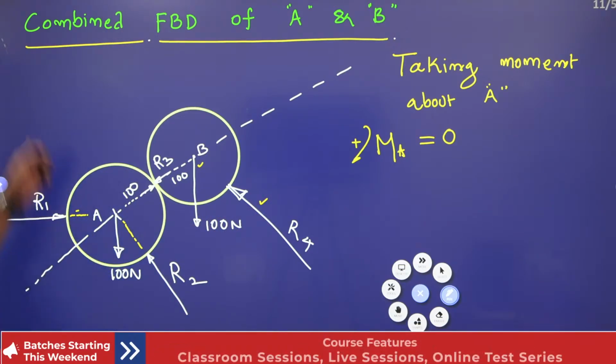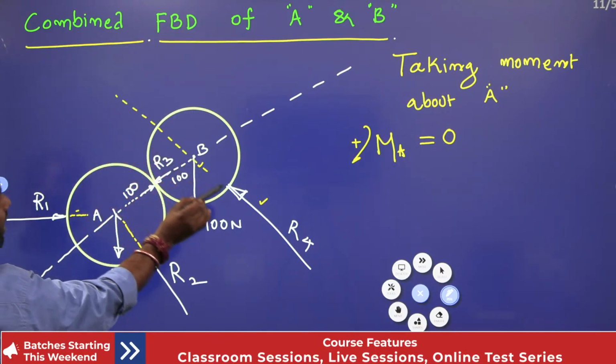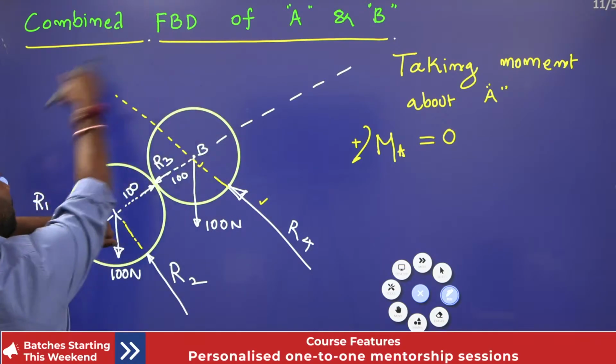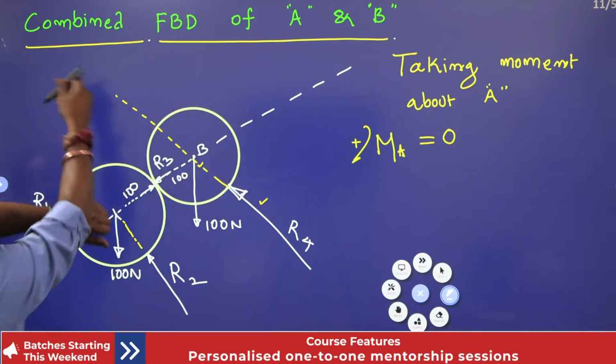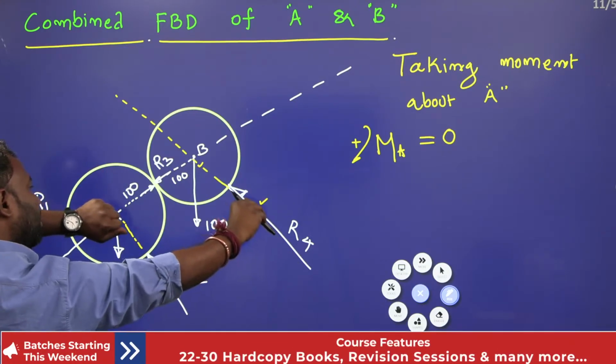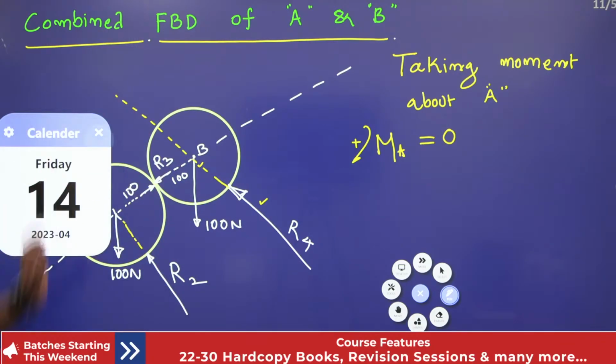Now if I fix this point A and apply R4, then it tries to rotate the body anti-clockwise. So if I fix this point A and apply force here, it tries to rotate the body anti-clockwise.